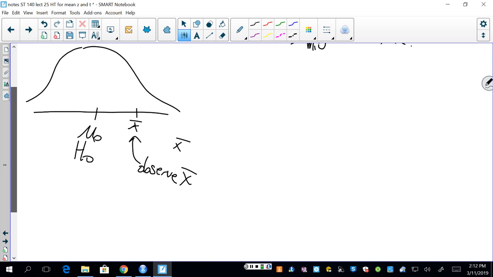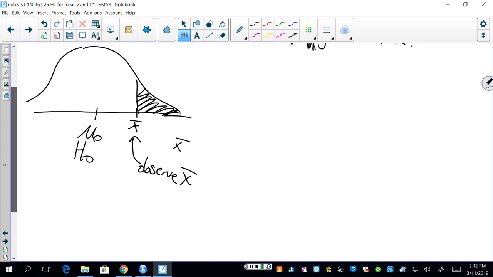Now, assuming the null hypothesis is true, this is the sampling distribution of x bar, centered at the null. That's how we ask what's the probability we get something that we saw or more extreme, when this is true. That is, we calculate a probability under that distribution.